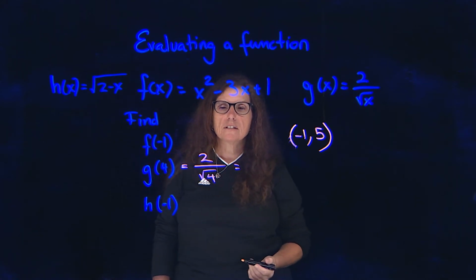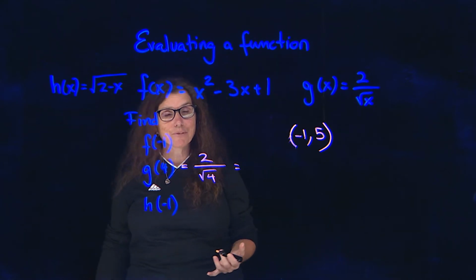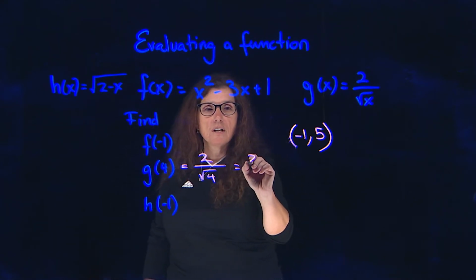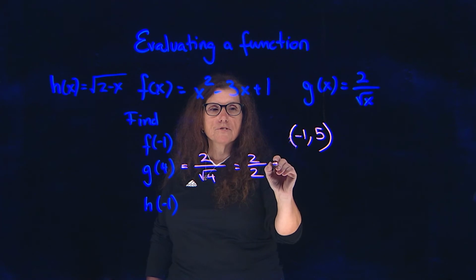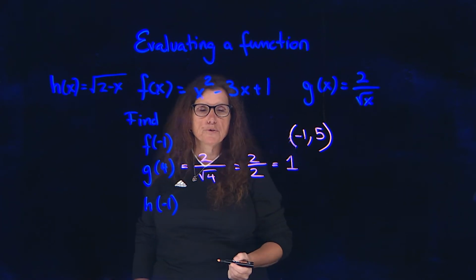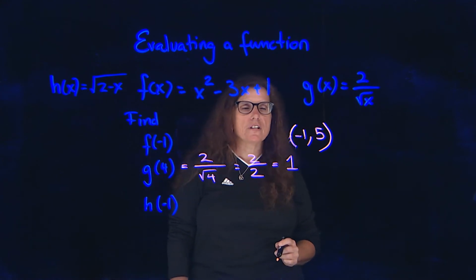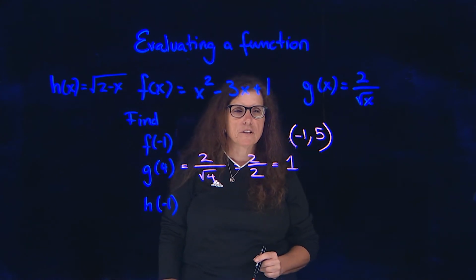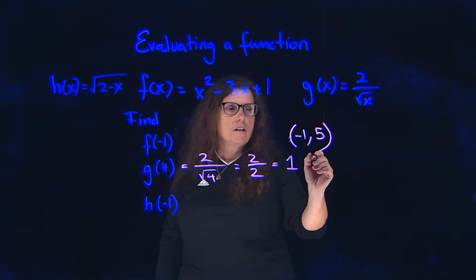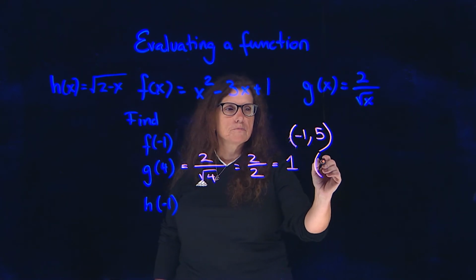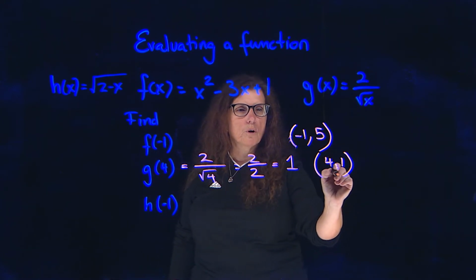Simplify if you can. Of course, this is kind of nice here. The square root of 4 is 2, which becomes 2 over 2, and that is equal to 1. So we evaluated the g function at 4, and the corresponding y value is 1. If I wanted to write it as an ordered pair, it would be 4, 1.